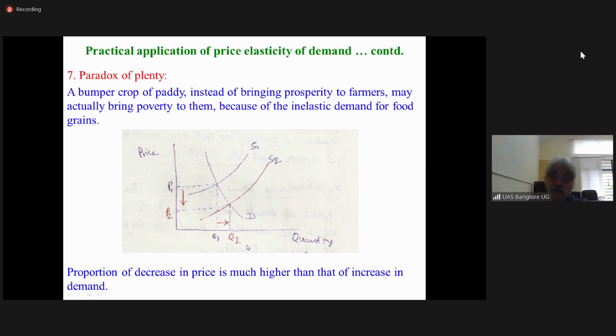So instead of earning a lot of profit, farmers may actually incur loss. It is a possibility. That's why we describe it as paradox of plenty. When we produce more, we expect more profit, but actually it may lead to loss. That is paradox of plenty. So this is because of inelastic demand.